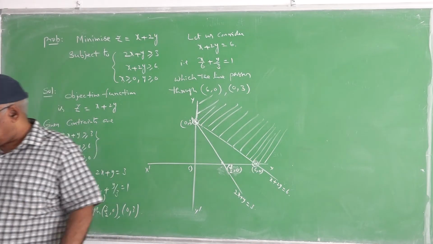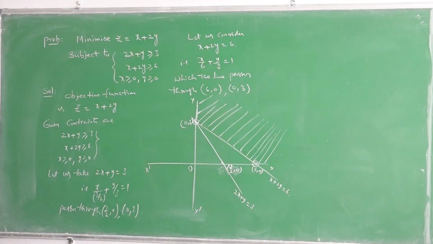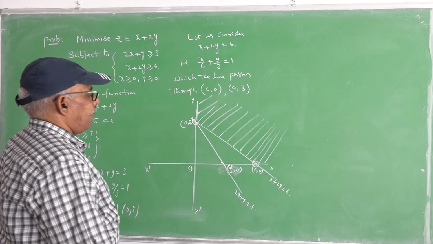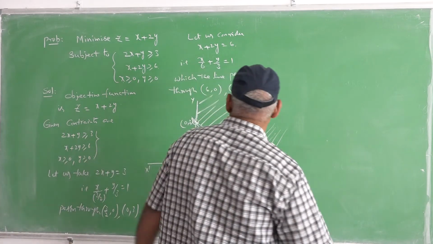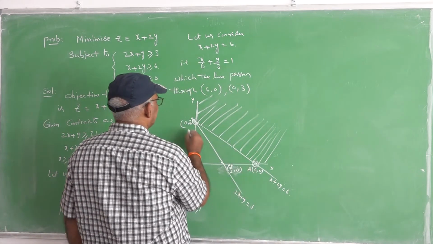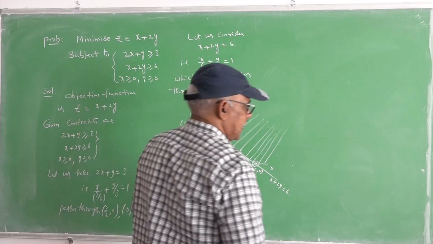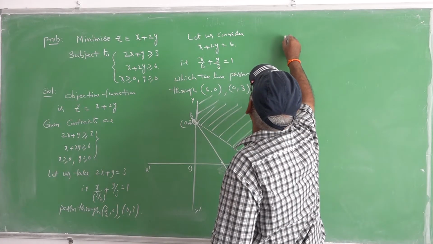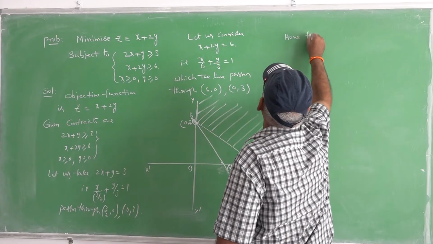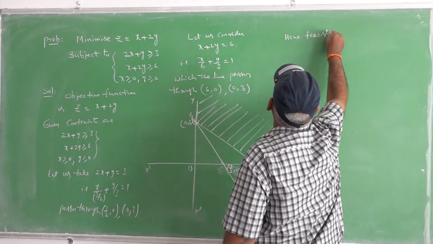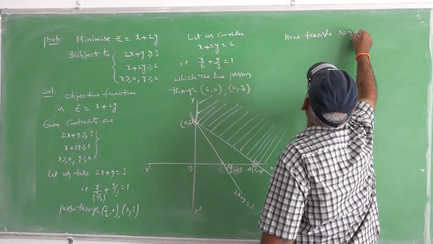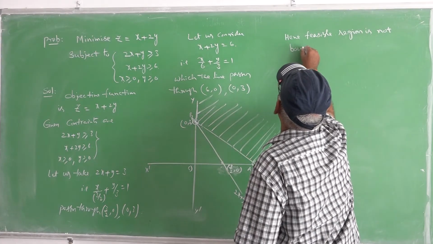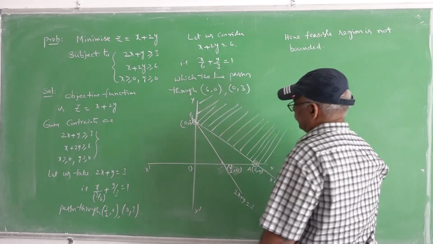The feasible region is unbounded, not bounded. So observe, let us call these points A and B. Here the feasible region is unbounded.